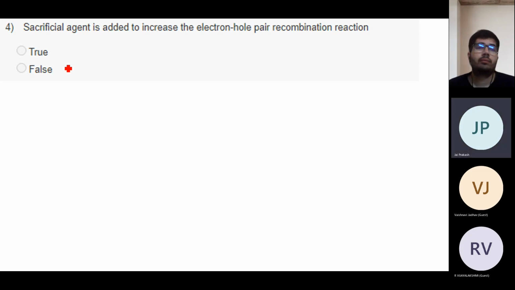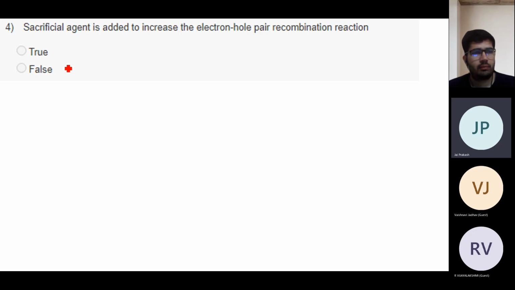It also reduces recombination, but for another purpose. And I have also told you some other purpose for the sacrificial agent. What is that? We have discussed glycerol, okay? It basically reduces the band gap.